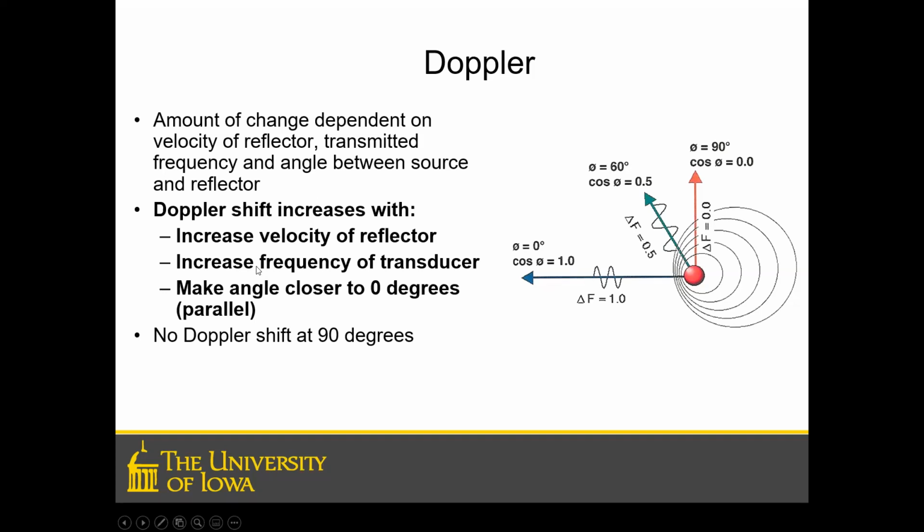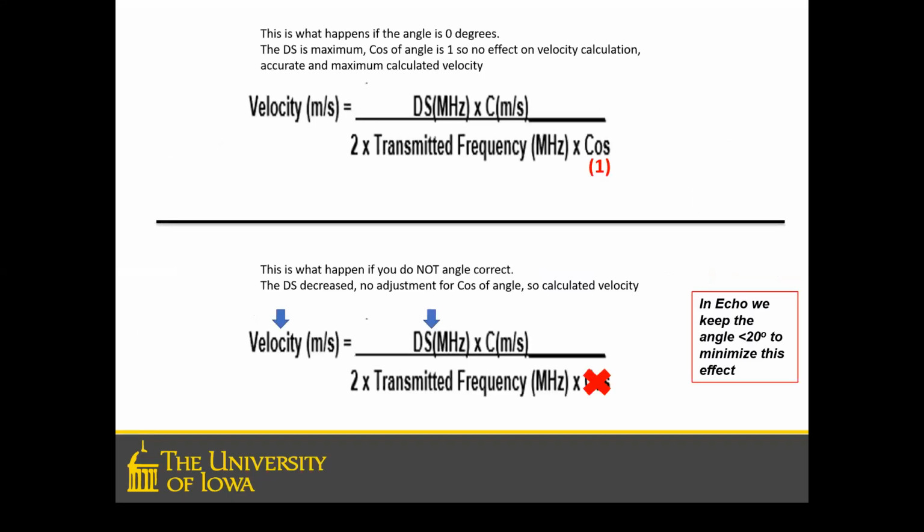The other thing that affects the amount of Doppler shift is the frequency of the transducer that we're using. And echo transducers are designed to have a lower frequency for their spectral Doppler in order to reduce the amount of Doppler shift that happens. This is to minimize aliasing. We'll talk about it in a minute. And then, as I said, the angle. So those 3 things affect the amount of Doppler shift.